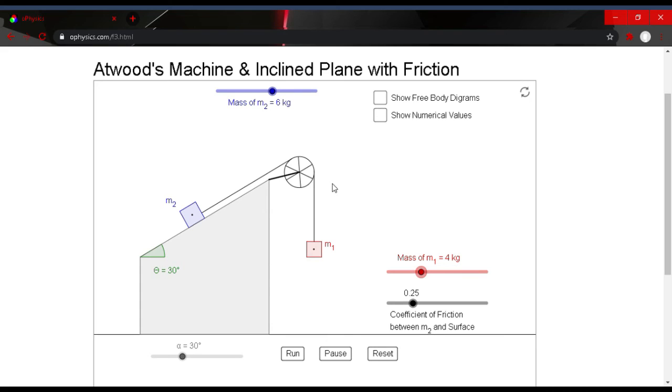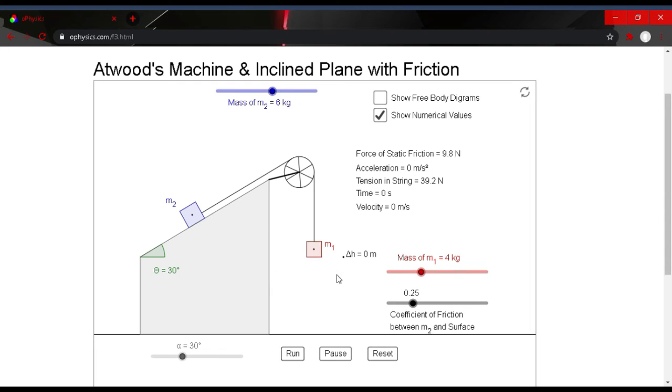Now, if you click show numeral value, as you can see right here, it will show the values that we want, such as the acceleration, velocity, time, tension, string, and force of static friction.